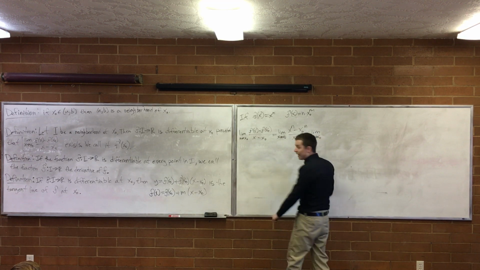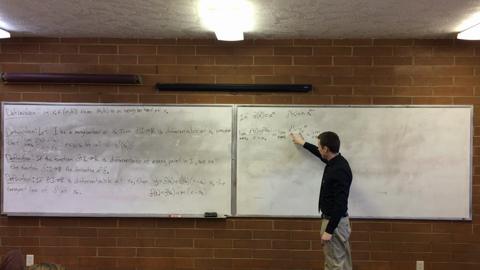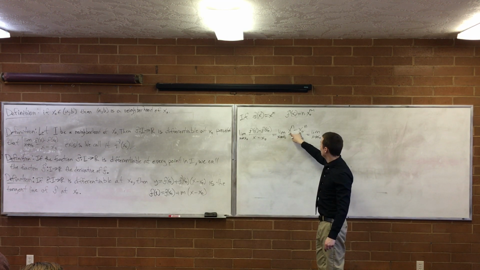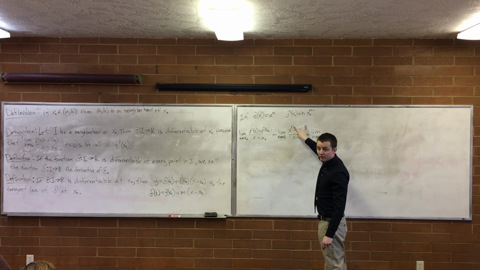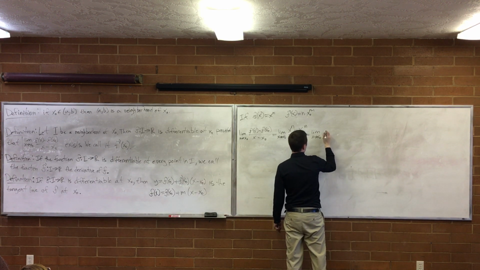Now this is exactly that theorem I told you we're going to use. Squares, not squares. I have a difference of two things to the same power. I can factor out one of them, and then I'll show you what's left behind.